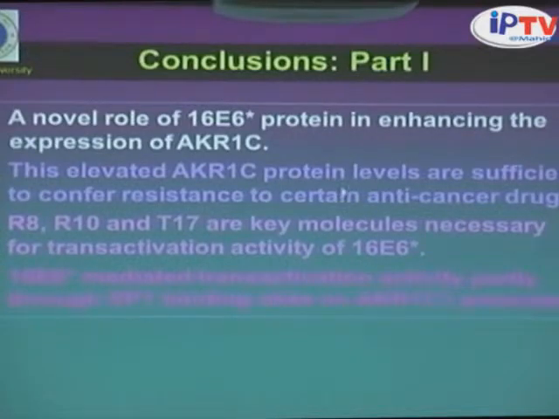And these elevated levels of AKR1C proteins are sufficient to confer resistance to a certain type of anti-cancer drugs. And positions 8, 10, and 17 are the key residues necessary for this activity. And lastly, E6 can mediate transactivation activity partly through the SP1 binding sites on the AKR1C promoter.